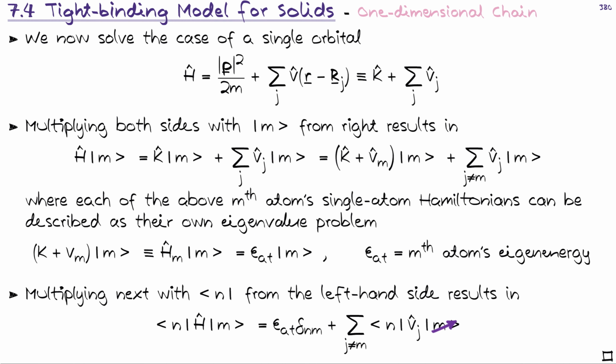The only question mark is, depending on the assumptions we make, what kind of potential operators we have here, and how we subsequently solve the eigenvalue problem. But that I will leave to the next lecture.